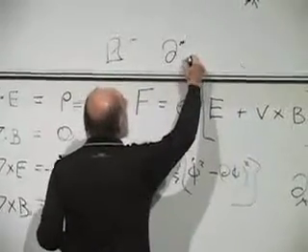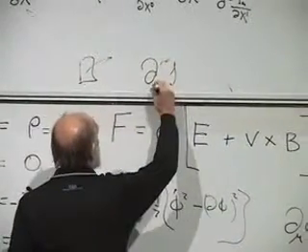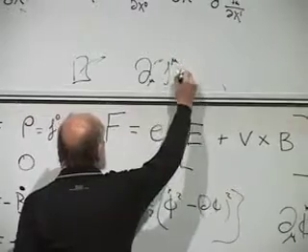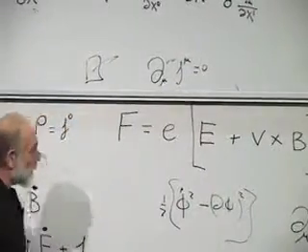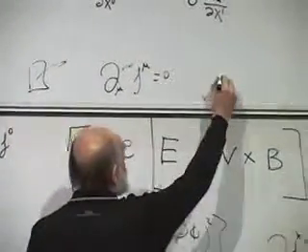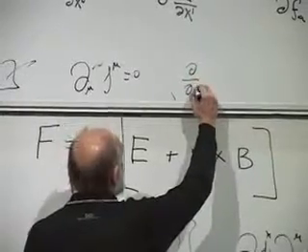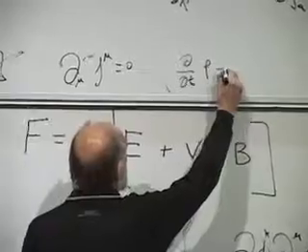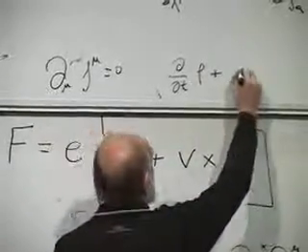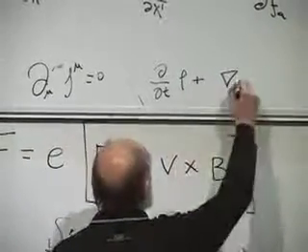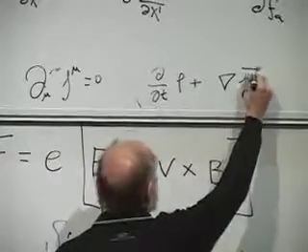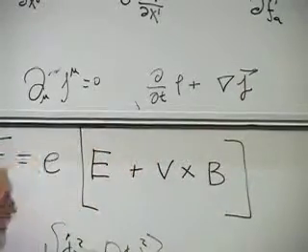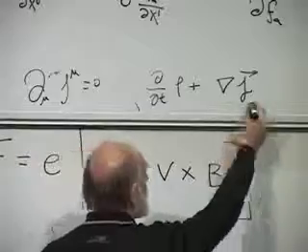d mu j mu is equal to 0. This is also the equation that says the time derivative of the charge density plus the divergence of the usual three-dimensional current should be equal to 0.